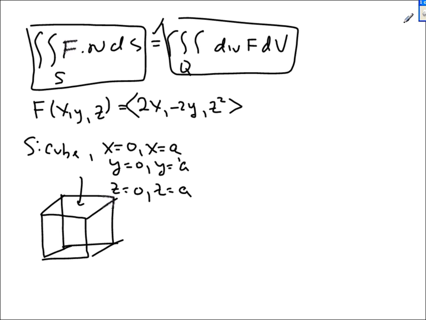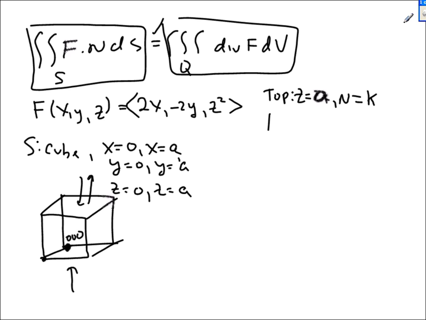When it comes to the top, z is a. At the bottom, z is 0. At the top, z is a, and n is going to be going straight up, so n is just positive k.